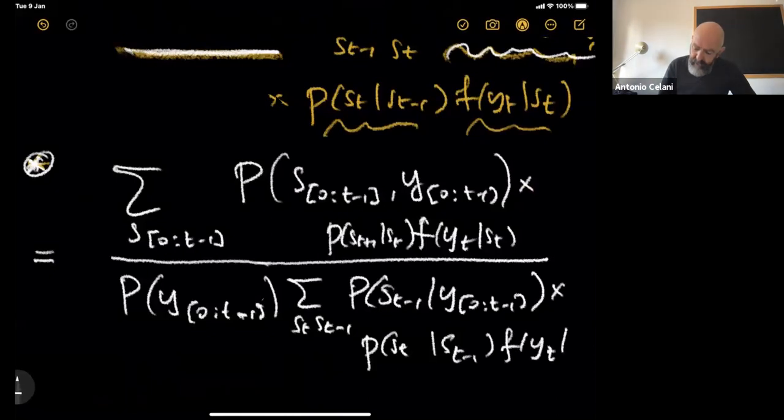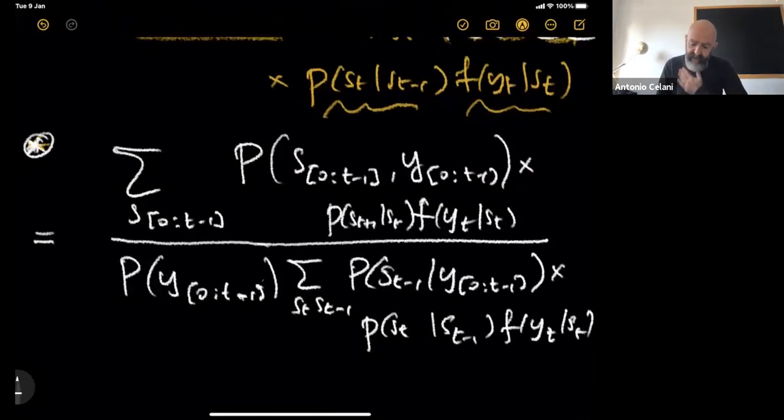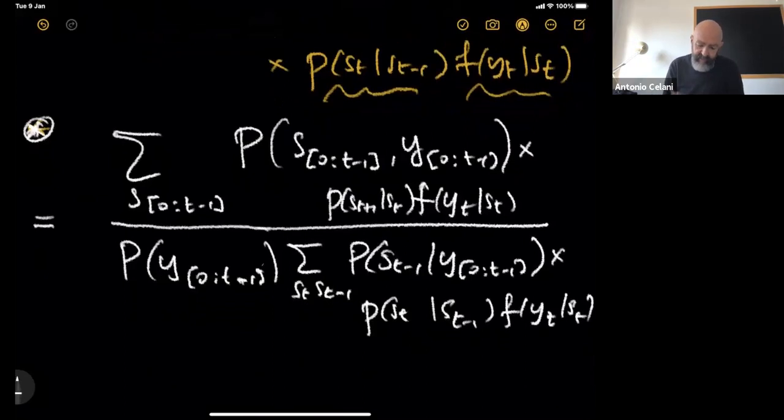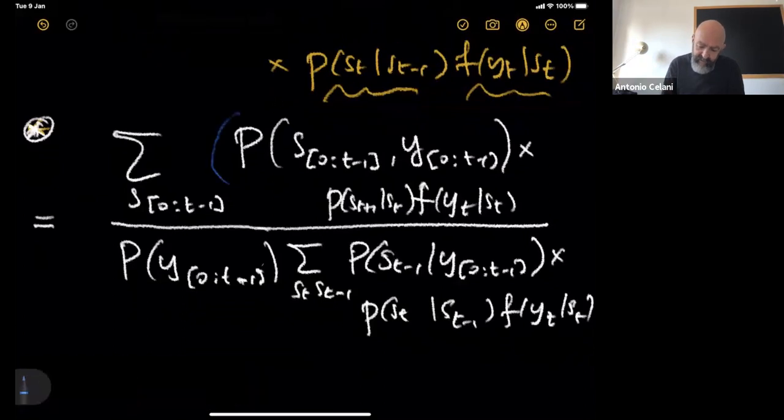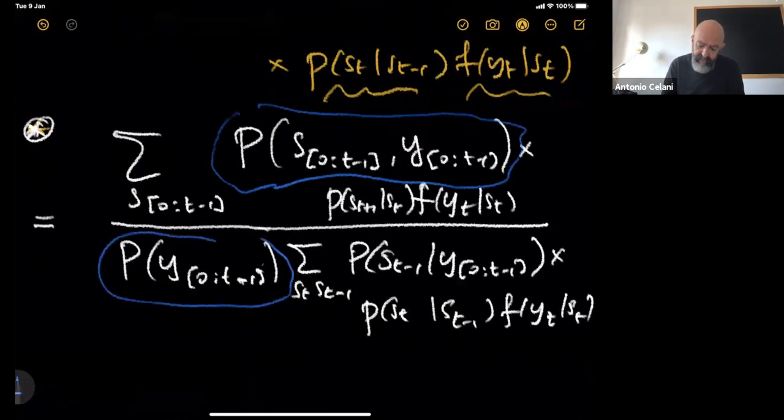Okay, so I'm just copying from above, and then we're almost done here because there are two last steps to be taken. Again, it's always the same kind of game we're playing. So let's collect this one with this one. This is the ratio of a joint probability to a marginal probability, so it's a conditional probability.